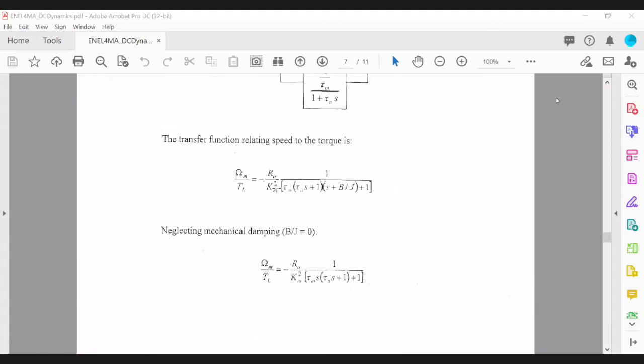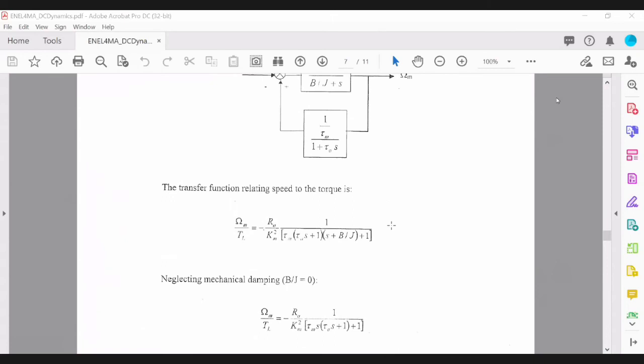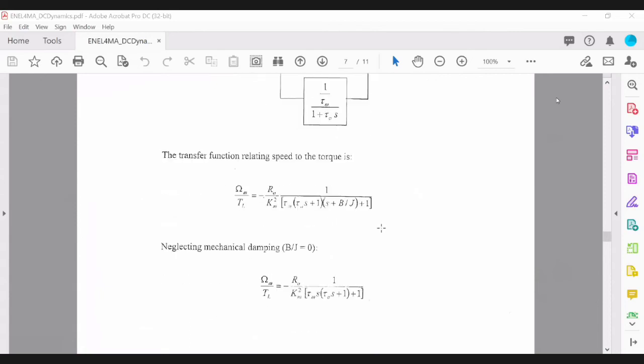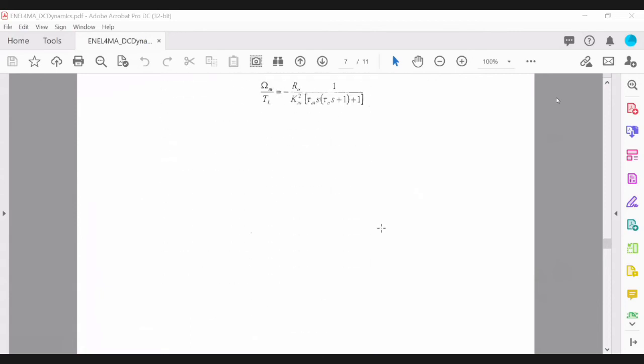It shows how the machine speed relates to the load torque, and it gives you two forms. One is where the mechanical damping is neglected, so you end up with this transfer function, and if it's not neglected, that will be your transfer function for the ratio of the speed of the motor with respect to the load torque.